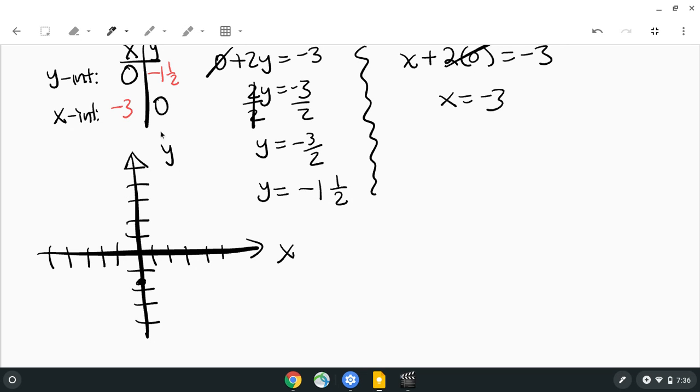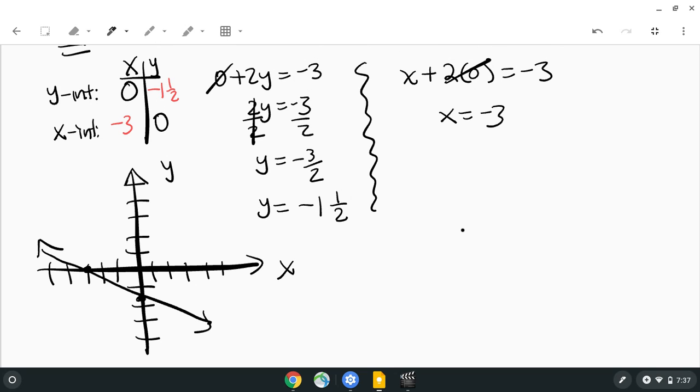Okay. And then -3, 0. So 1, 2, 3, 0. And your intercepts should be right on the axes. Okay. All right. And there we go. Okay, so that's how you graph using intercepts.